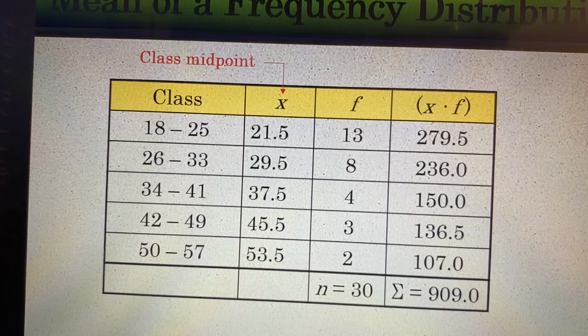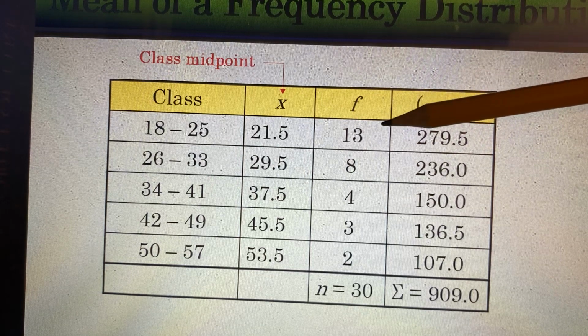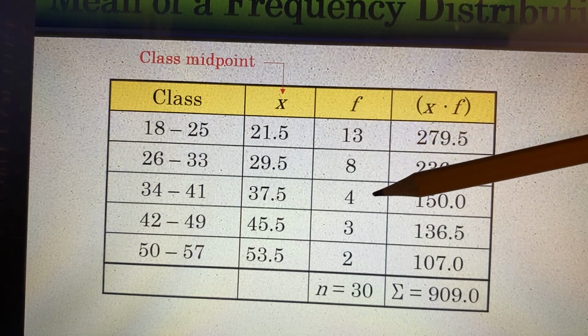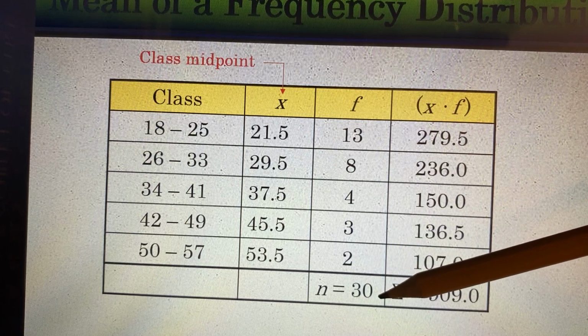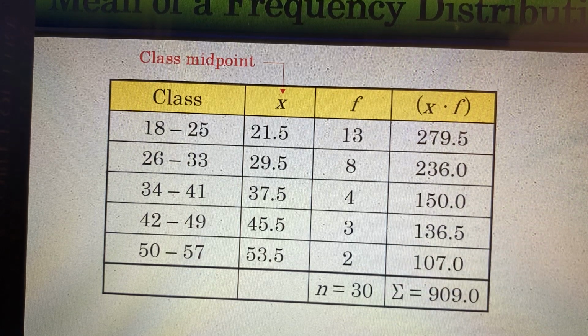Okay, and remember the previous slide said that your sample size is the sum of the frequencies. So you could add 13 plus 8 plus 4 plus 3 plus 2, and we get those 30 adults in the class. In order for us to use the formula, though, we need an X times F. X isn't given, but X represents your class midpoint.